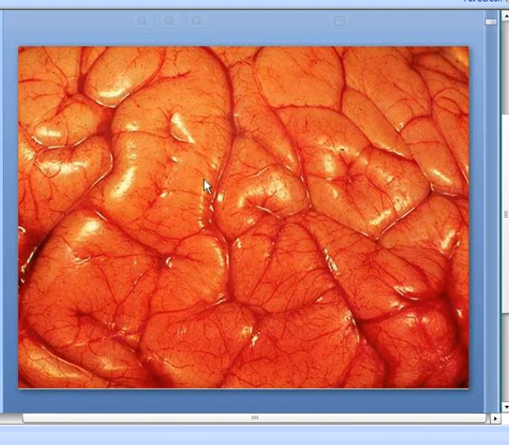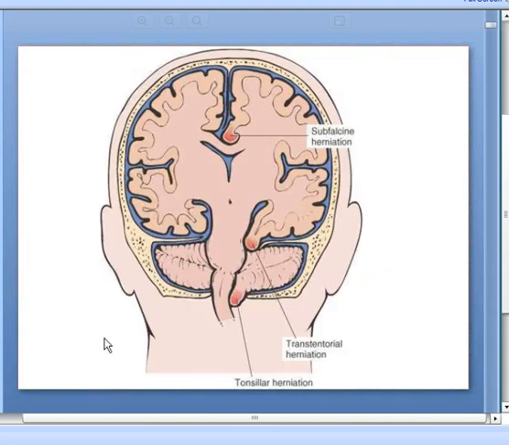It manifests itself by having a flattening of the gyri and a narrowing of the sulci. And that's because you have increased fluid in that brain, but it has nowhere to escape to, so the gyri generally become flatter.